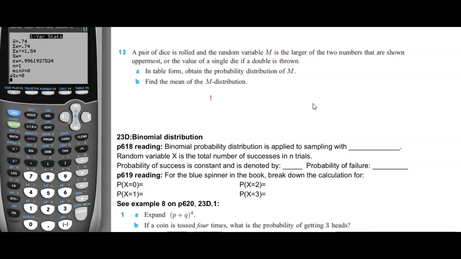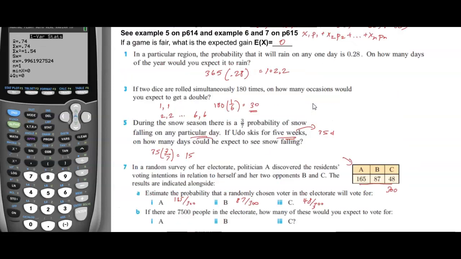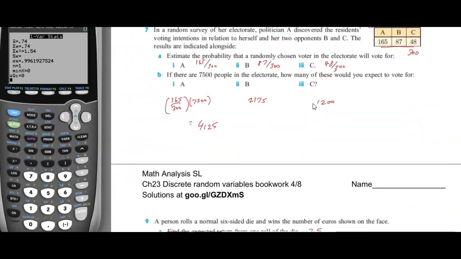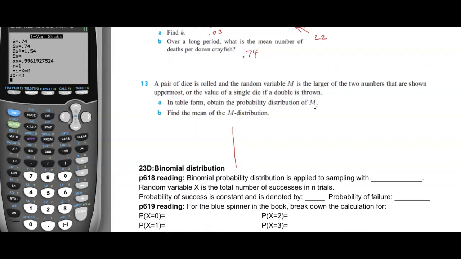I think this is like a case like before, where it's helpful to draw a table like this one, with the top and the side showing the face of the two rolled dice. Right?